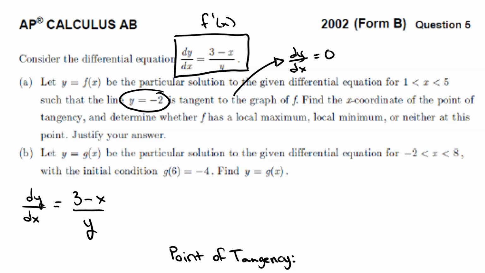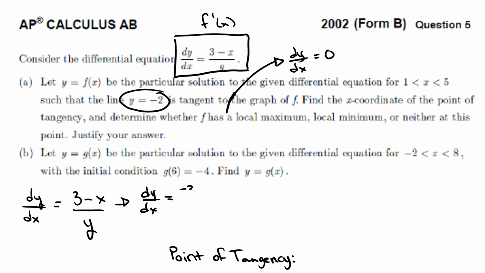I should say that the tangency isn't telling us that the derivative is 0. The looking for if it's a local max or a local min is telling us we're looking at when the derivative is 0. That was sloppy of me to say that. All right, so we're going to use our differential equation. We know the y is -2, and we know that the slope has to be 0 at our point of tangency for it to be a max or a min.